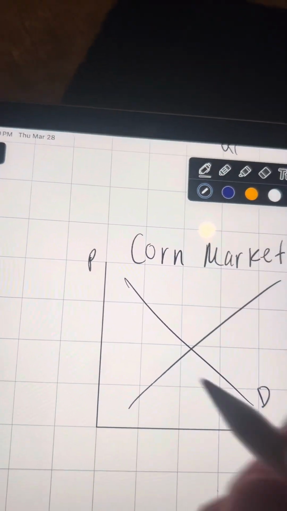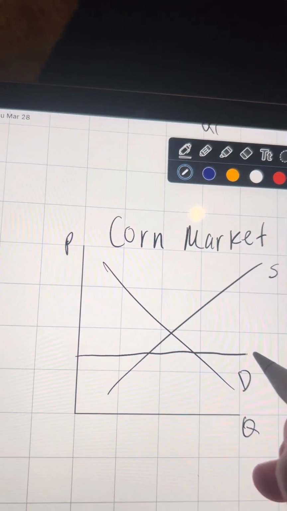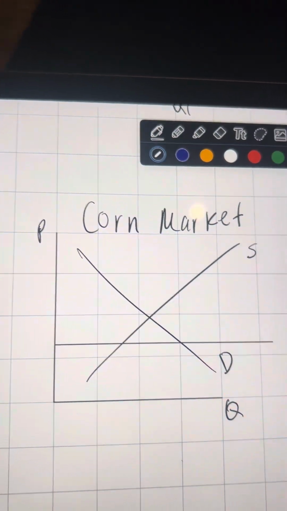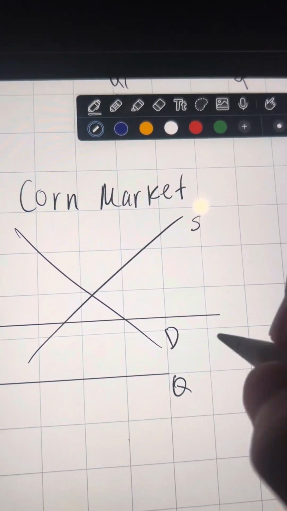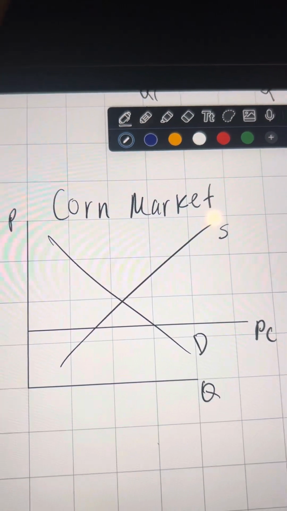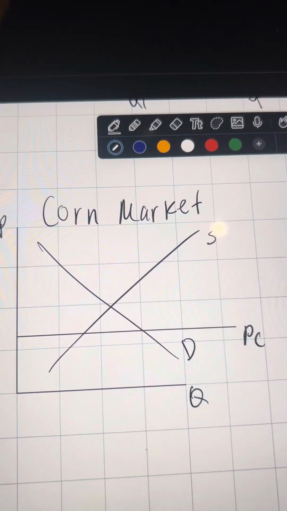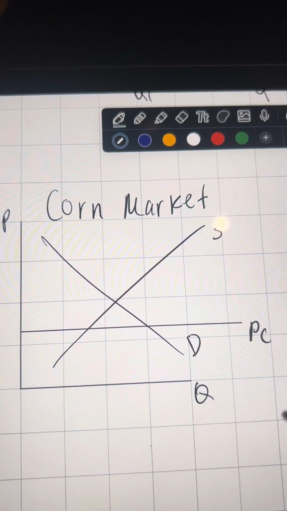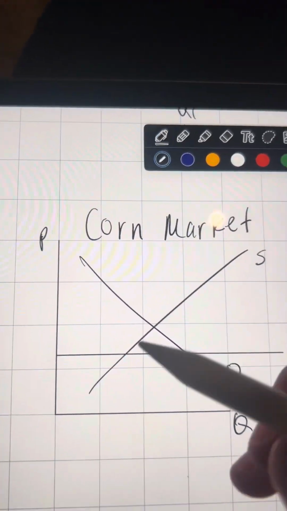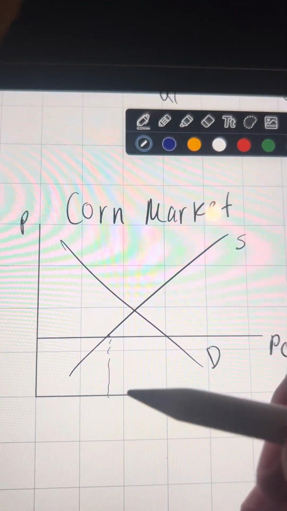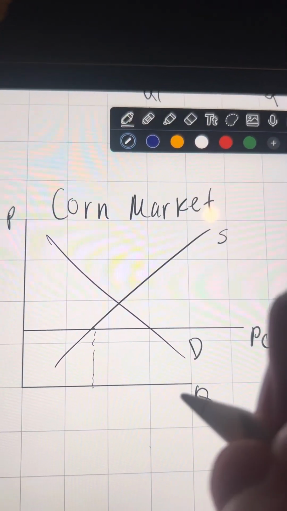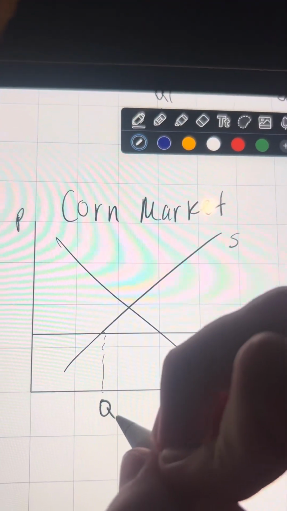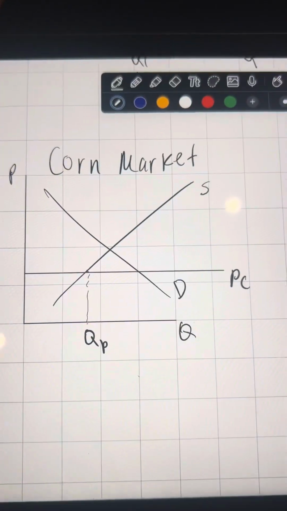Then we're going to draw a price ceiling right here, nice and straight. They asked us to label it as PC. And then consumers just buy where the price ceiling equals supply. So that would be right here. And that is the quantity. And they asked us to label that as QP. And there we go.